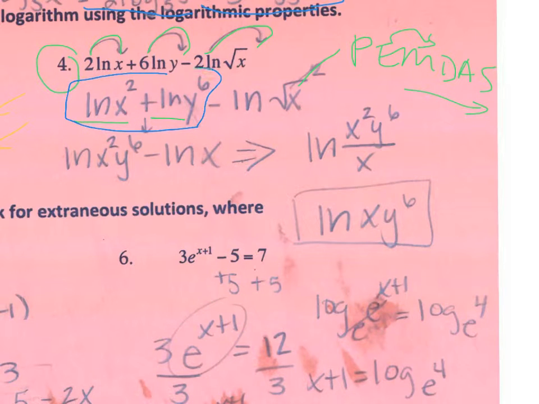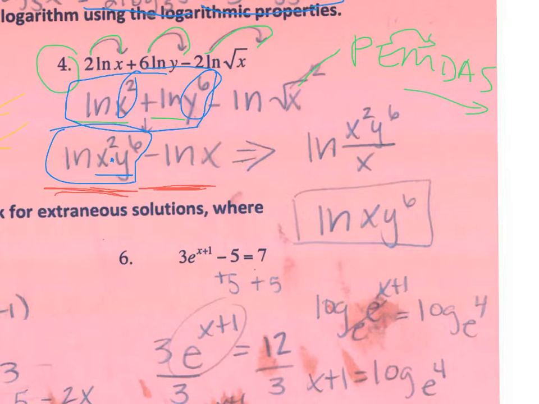So then when we're looking at these pairs, we move from left to right. So we first look at the first set. It's addition, so it goes with multiplication. And we multiply the arguments. So it's x squared times y to the 6. So it's ln of x squared times y to the 6. Okay, so we consolidated those two. Now we move on. And we take this expression, subtract from what's left, ln of x.